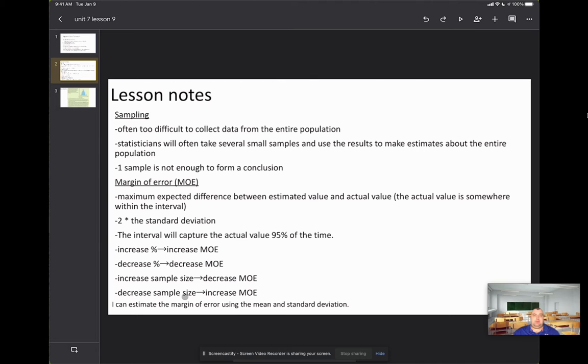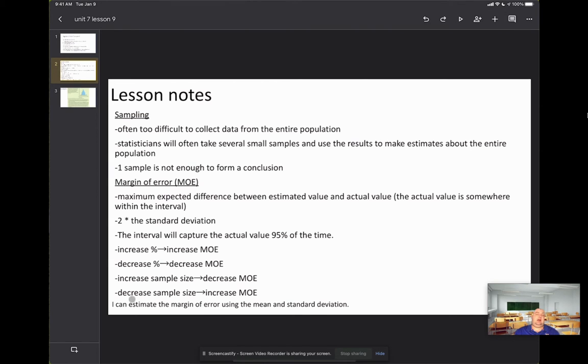Lastly, sample size will affect margin of error. We've talked about that the larger the sample size, the better your results are going to be, and the less likely your results are going to be biased. So if you increase your sample size, your margin of error is going to go down. The amount of variability will go down.